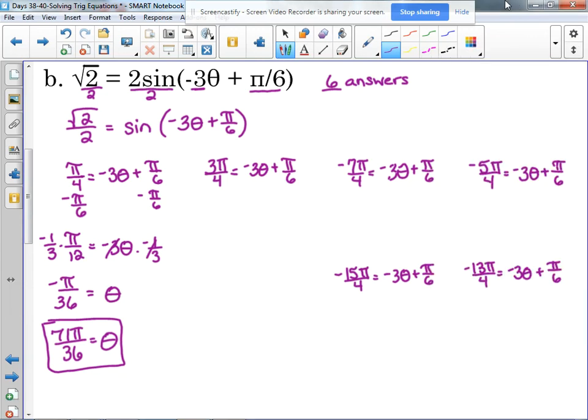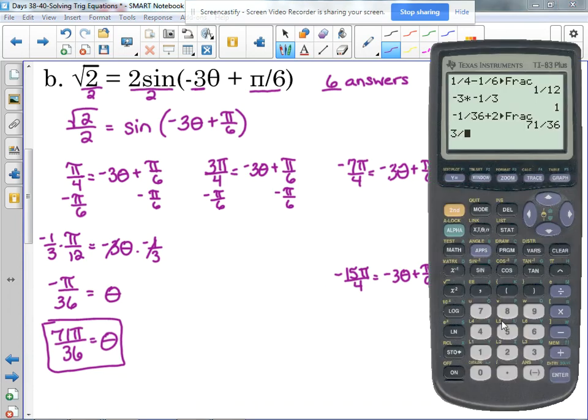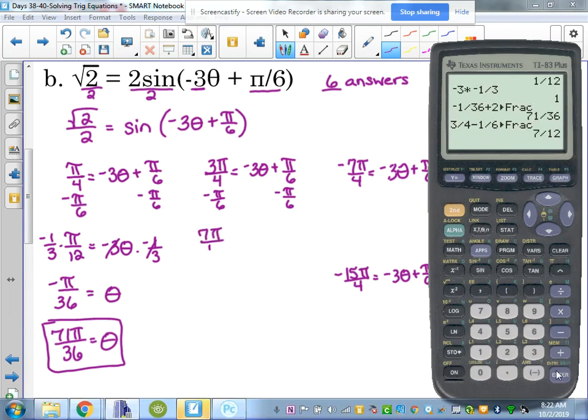Okay, so let's fix 3 pi over 4. Subtract the pi over 6. So 3/4 minus 1/6. 7 pi over 12 is equal to negative 3 theta. Same deal. Multiply it by negative 1/3.